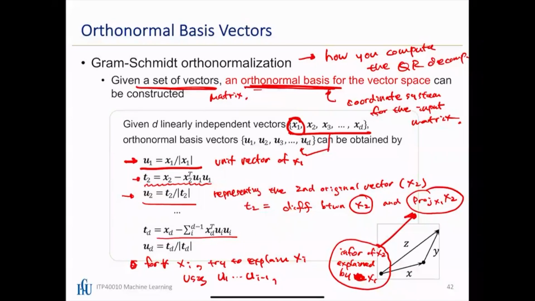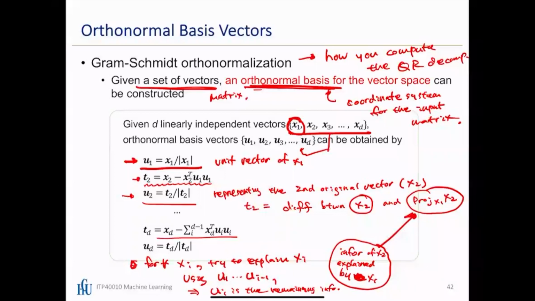And then ui is going to be the normalized value of the remaining information. So this is the idea behind the QR decomposition.